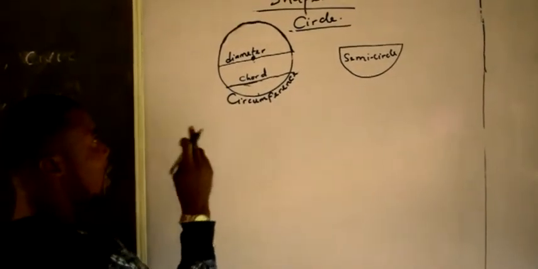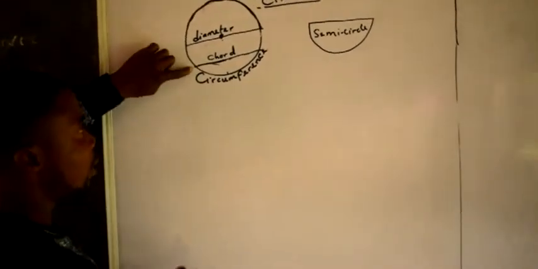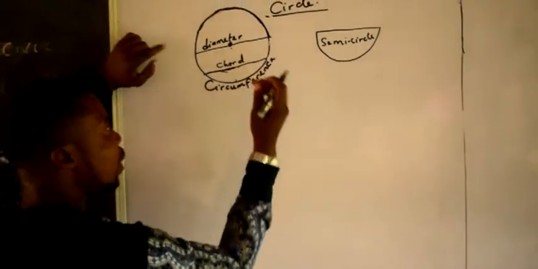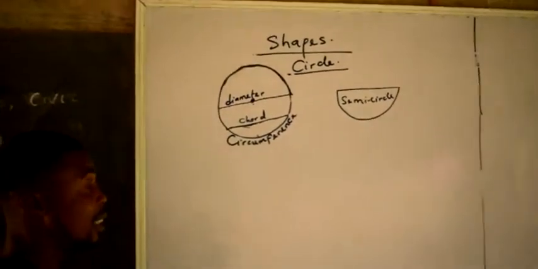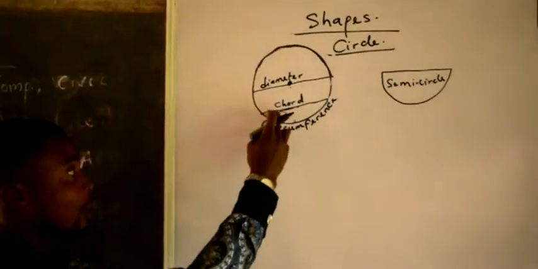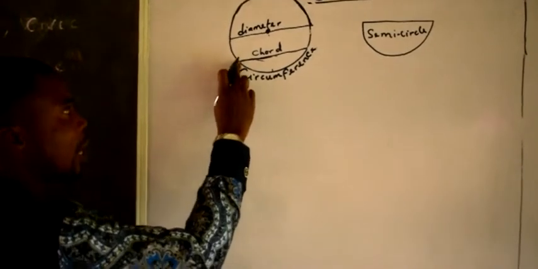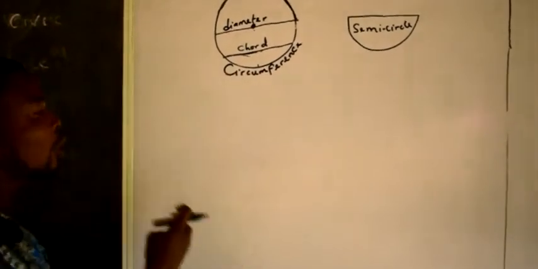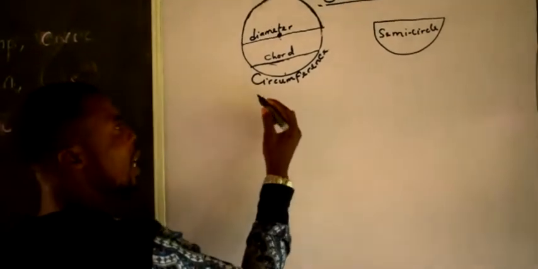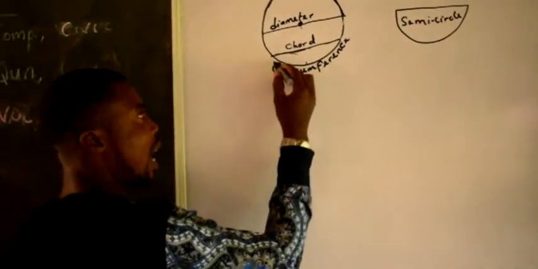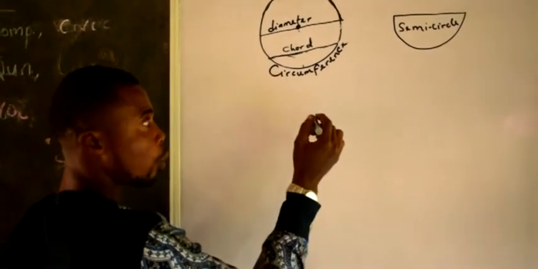So if a line is drawn from one point on the circumference to another without passing through the center of the circle, it is a straight line, not a rough line like my own. A straight line that cuts across the circle, we call a chord. And when it is a chord, part of the circumference is cut off.